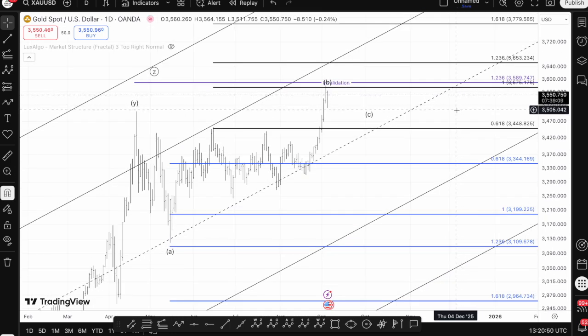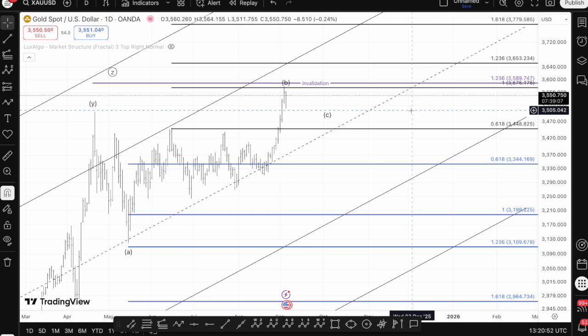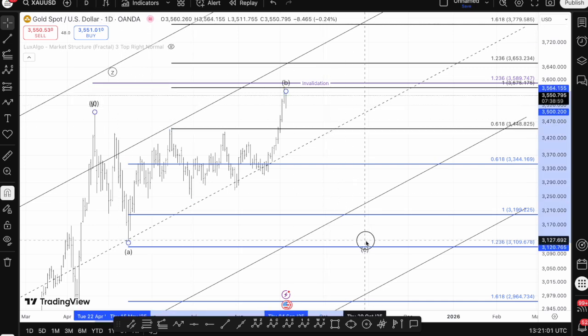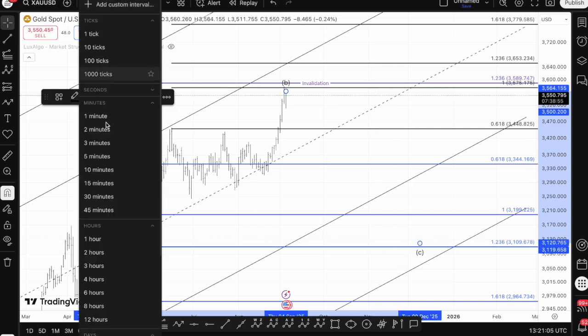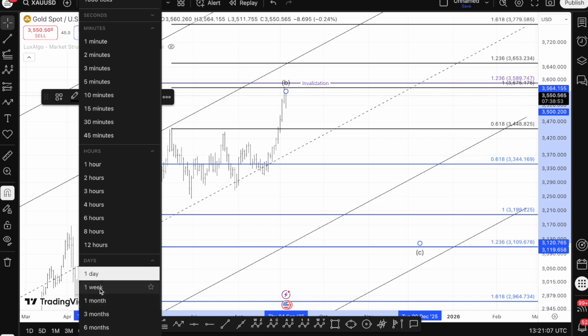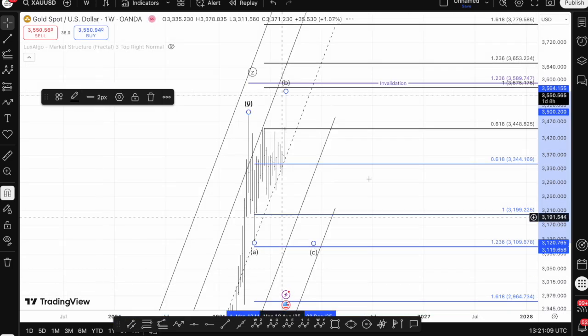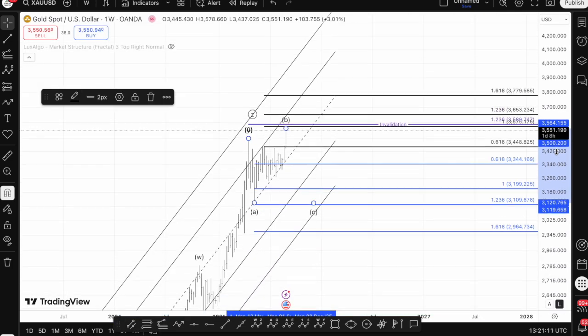So this is a very likely possibility from my perspective, at least. So yeah, this is going to be my bearish case, and C should be somewhere here. Let me just switch back to the weekly chart so we can conclude our video analysis today.